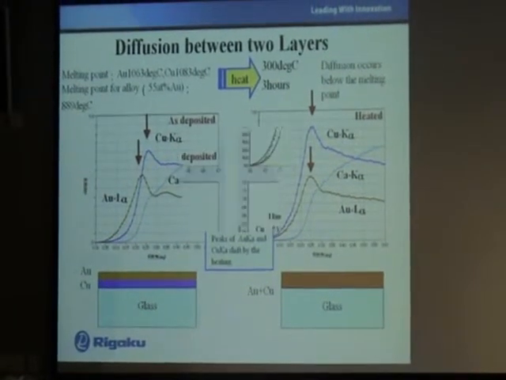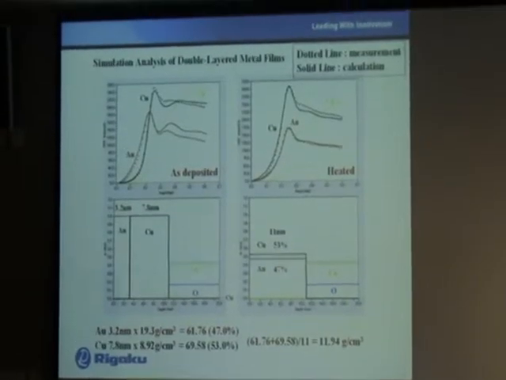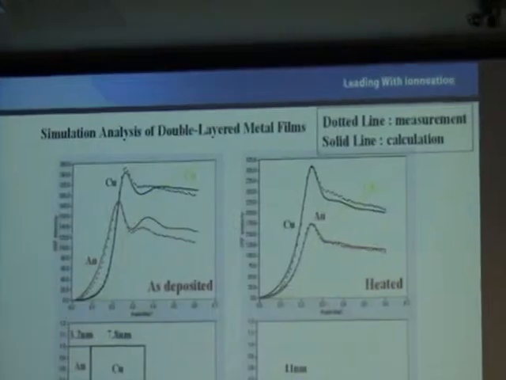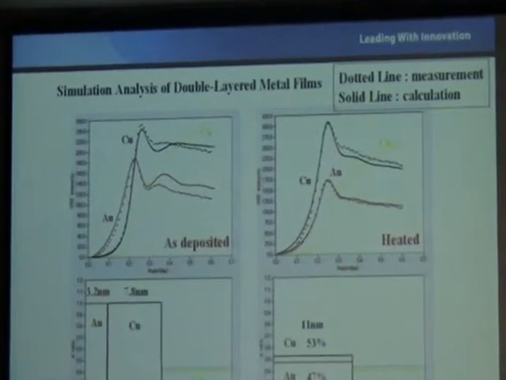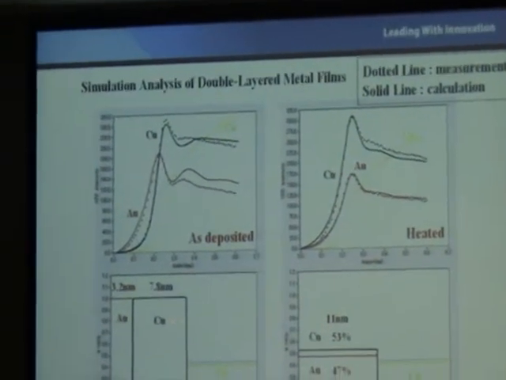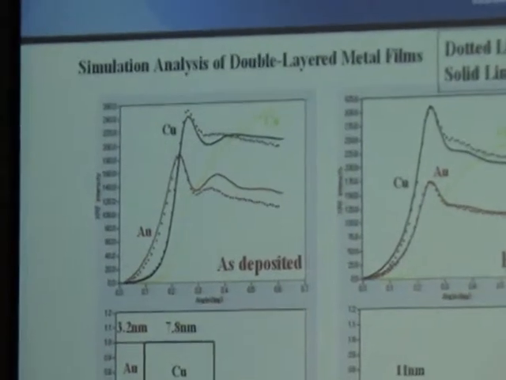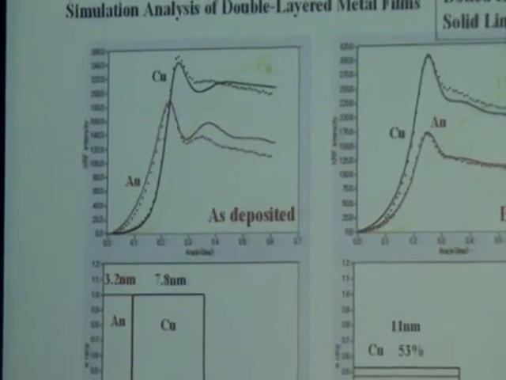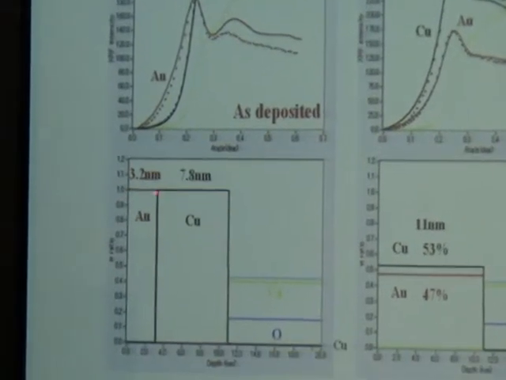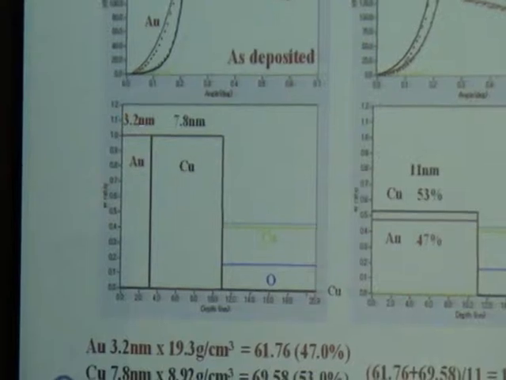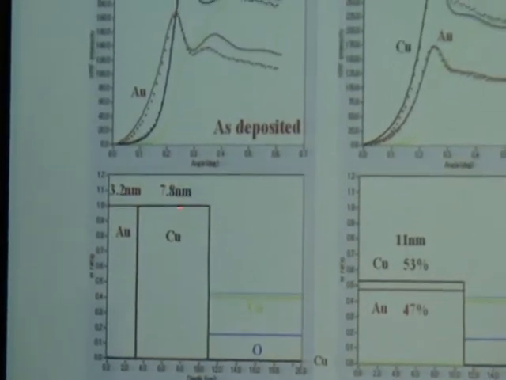And we perform the simulation on those. This is the as-deposited one on the glass substrate. We put the copper and then gold. We perform the simulation, and the resulting thicknesses are 3.2 and 7.8.